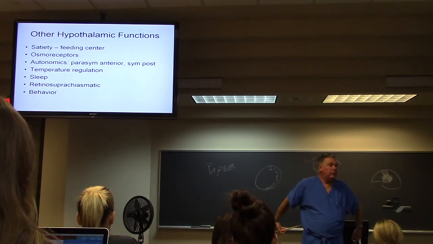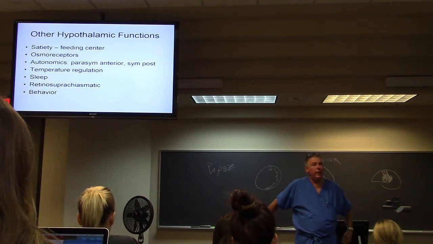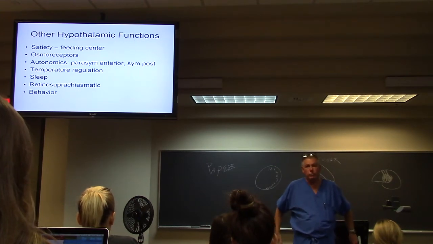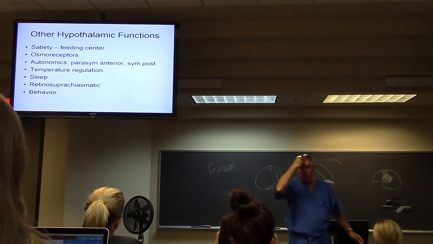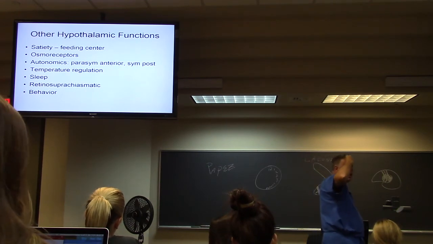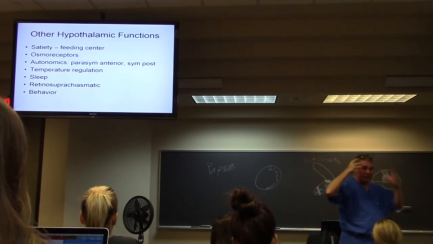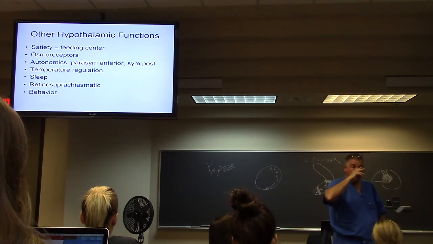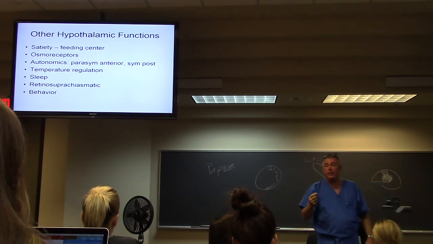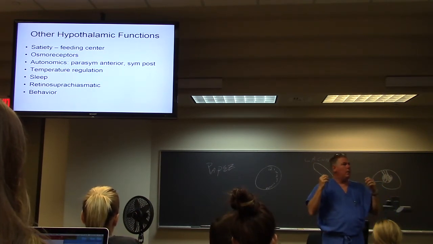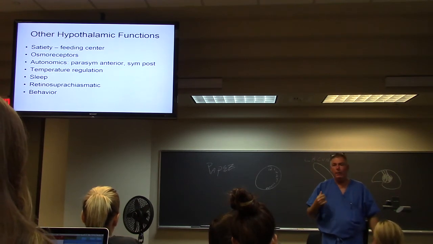Temperature regulation comes from the hypothalamus. The thing about temperature regulation is that people who have strokes, deep brain strokes, they're usually unconscious because it involves very important centers in your brain. The other thing is that they tend to have malignant hyperthermia.